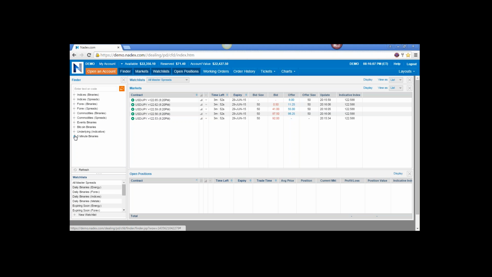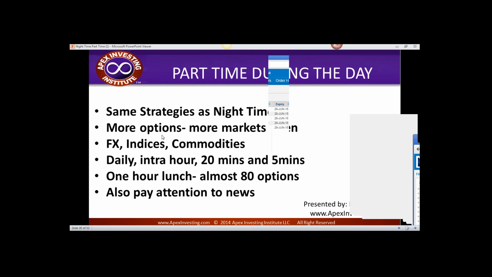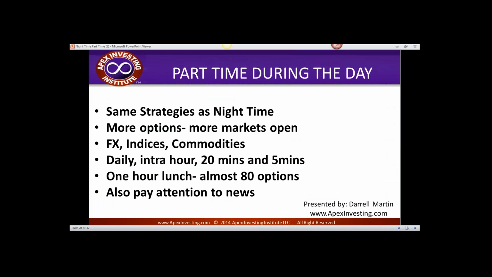The same things apply. You can still do the 2 strategies we talked about for the 5-minute binaries. You just have a lot more things to choose from now. We have some part-time traders that actually trade during their lunch break at work.